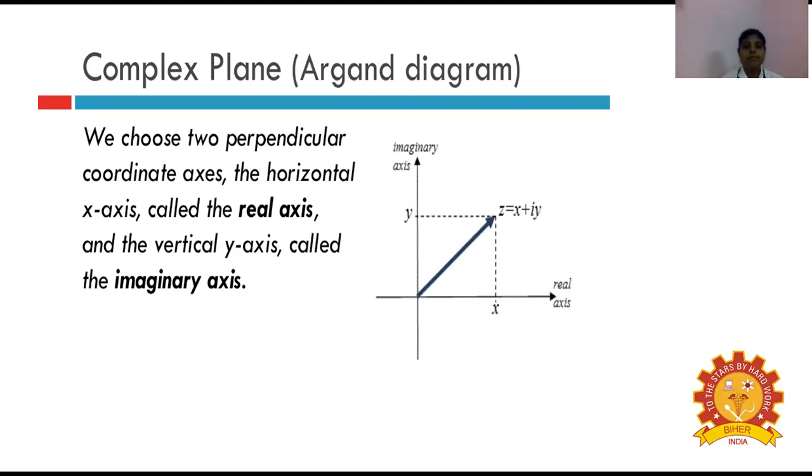Next, complex plane. We can choose two perpendicular coordinate axes. One is the horizontal axis, we call it the real axis, and another one is the vertical y-axis, we call it the imaginary axis.